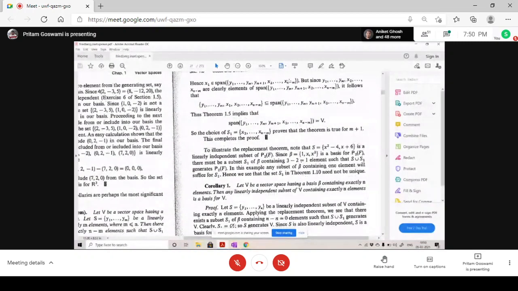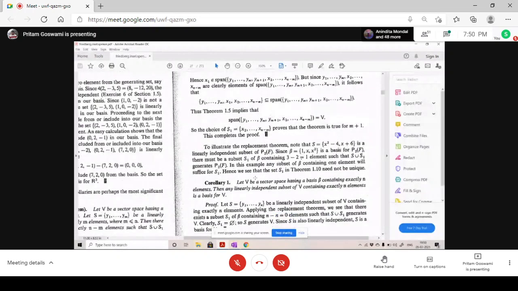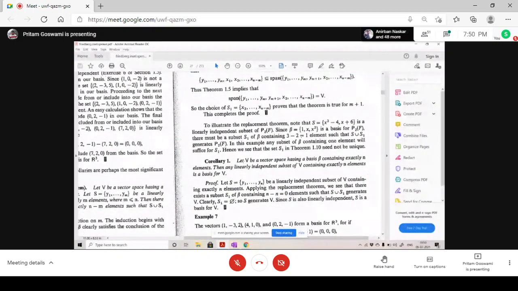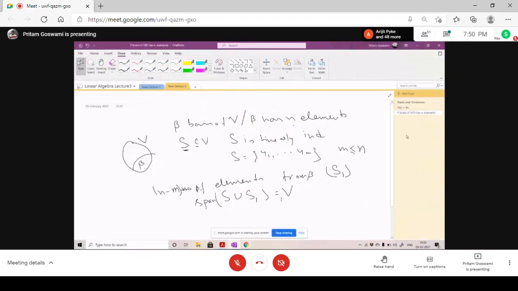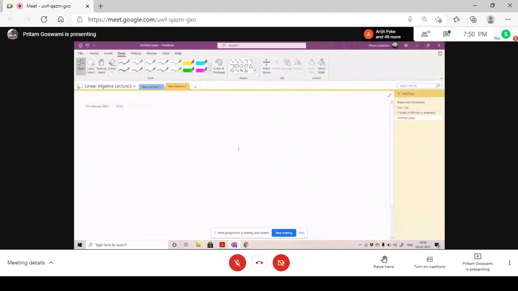Depending on this proof, there are some corollaries. There are examples here also. Shall I give you an example? Suppose the vector space V is R3, and one basis beta is given by (1,0,0), (0,1,0), and (0,0,1).